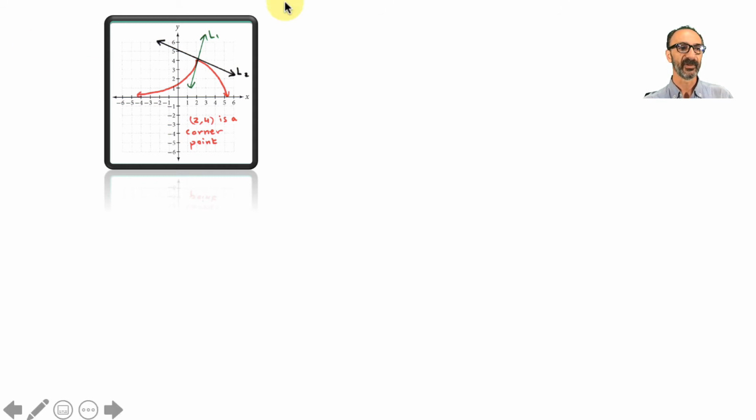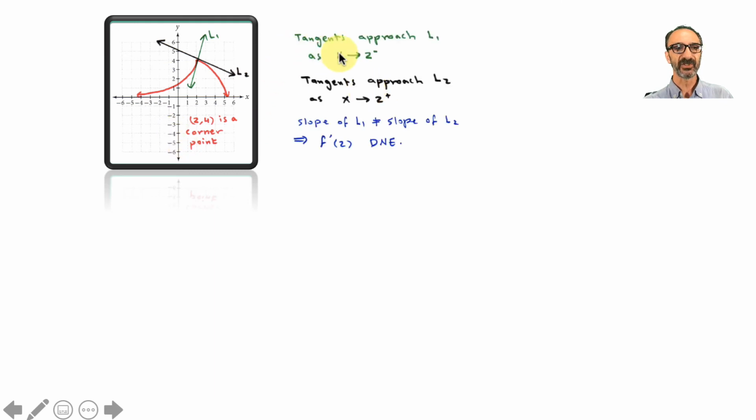So that is called a corner point, which causes this kind of behavior in slopes and tangents. Tangents approach L1 as x approaches 2 from the left. Tangents approach L2 as x approaches 2 from the right side. So the slope of L1 does not equal the slope of L2, so f prime of 2 does not exist.